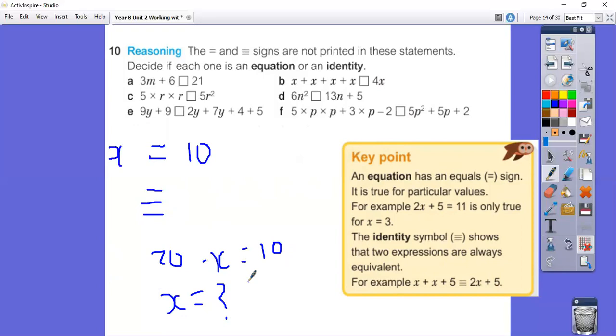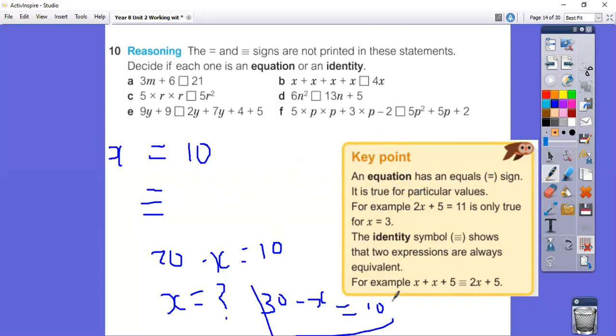But there could be other questions where it might say 30 minus x equals 10. So x would now be a different value. So it's not true all the time. So here's an equation because it's correct for this particular question.